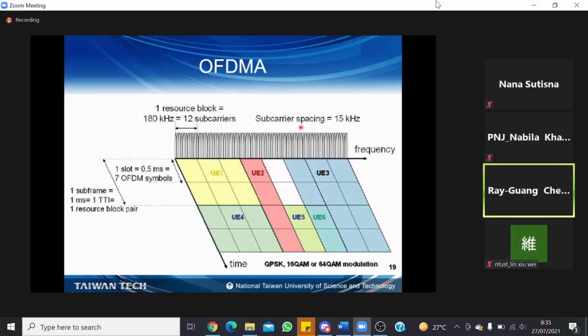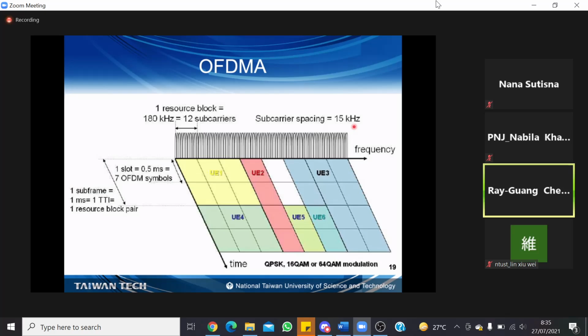In 4G, the subcarrier spacing is 15 kHz. But as Professor Nana just mentioned, we can have 30 kHz, 60 kHz, 120.